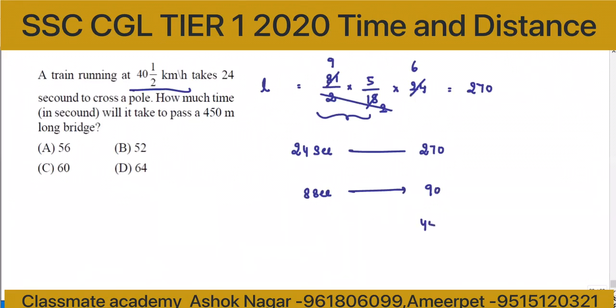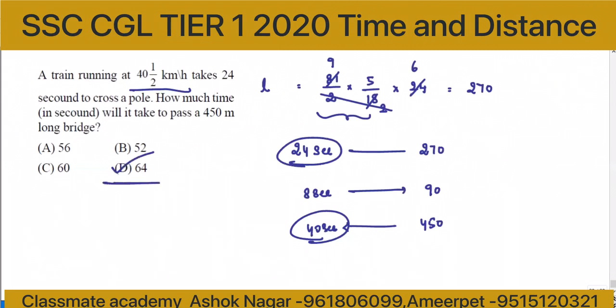Therefore, for 400, how many? 40 seconds. 40 seconds for 400 itself, plus 24, put together 64. Or else directly you can do 450 plus 270, that is 810. That is also fine.